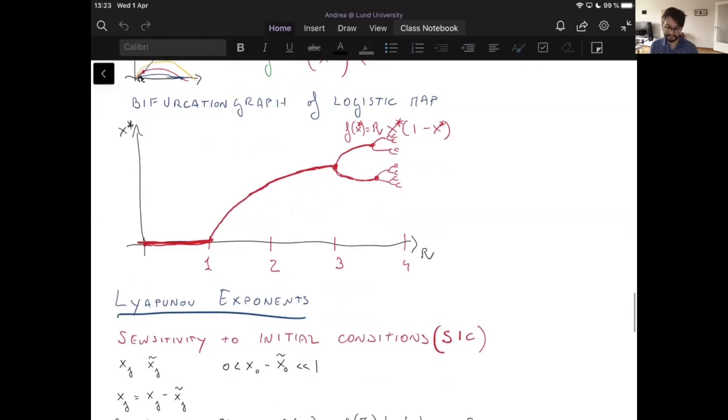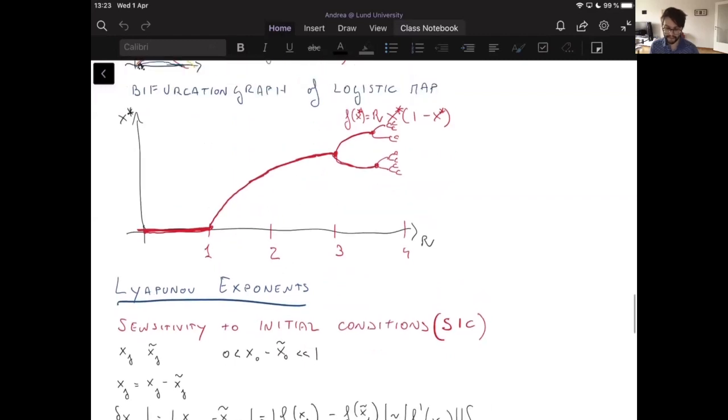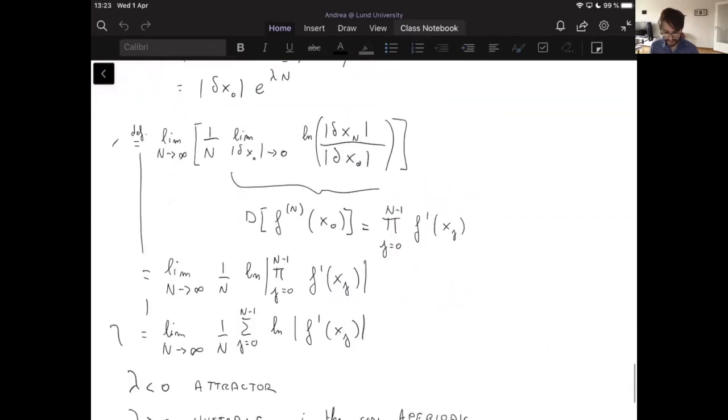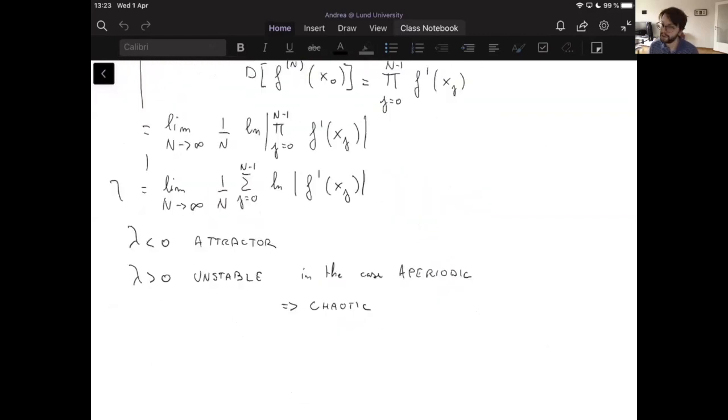Therefore, you can write this as a bifurcation graph, and then you can study it analytically, defining the Lyapunov exponent. And this is all pretty standard, and it's basically all the pure theory background that we need right now.